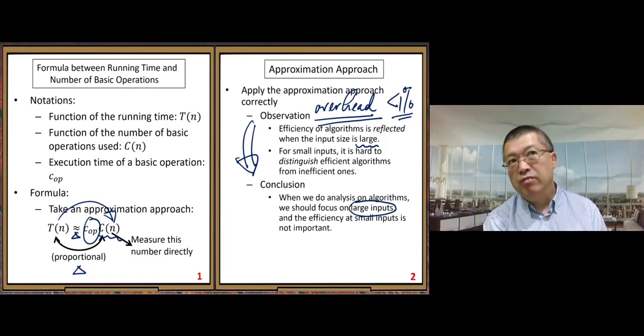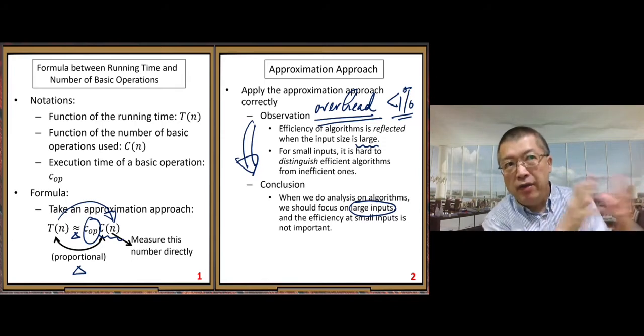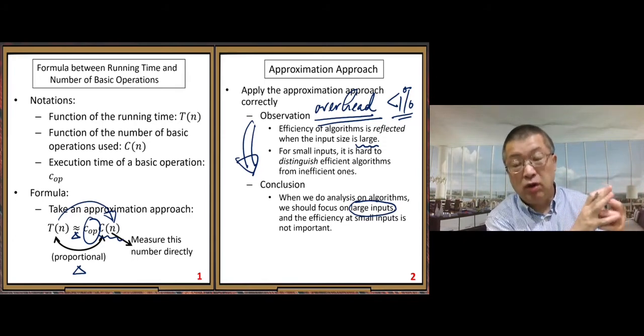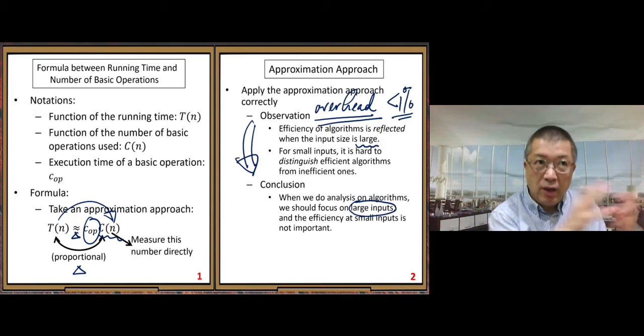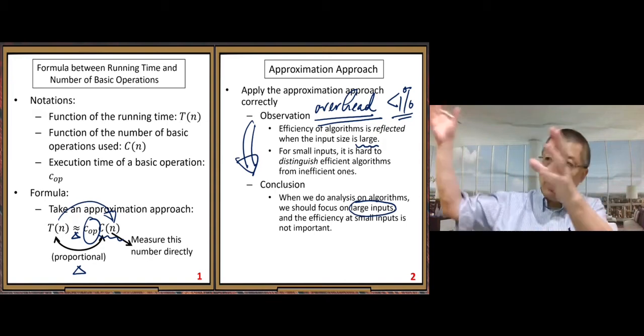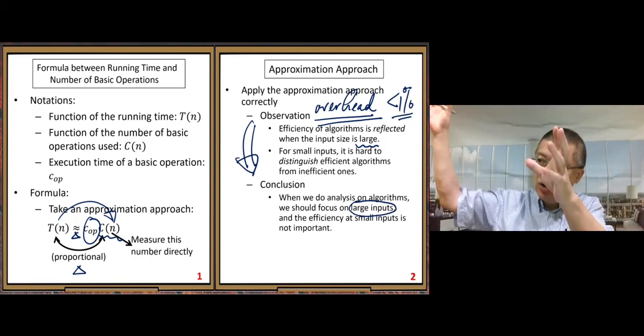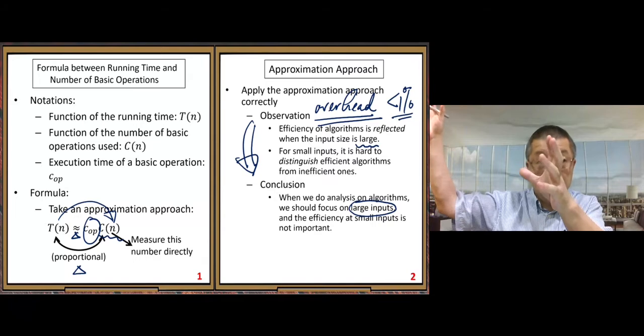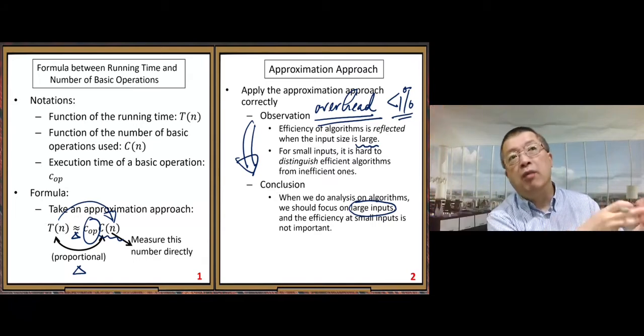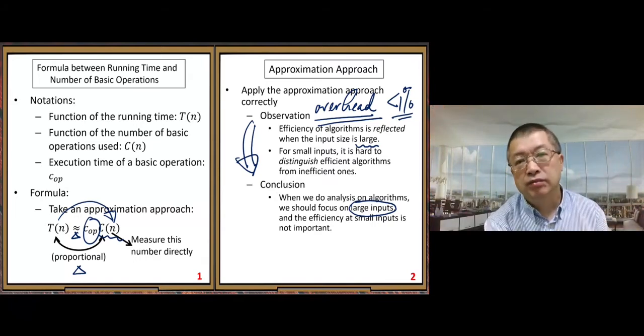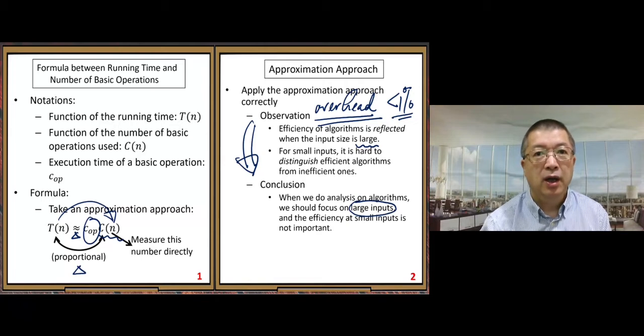So we want to compress that distortion part, the overhead part. How do we compress? When we look at the problem in large input sizes, we compress the overhead part, the distortion part.